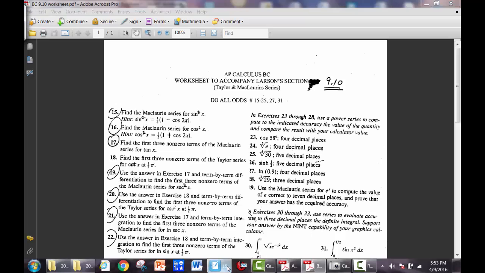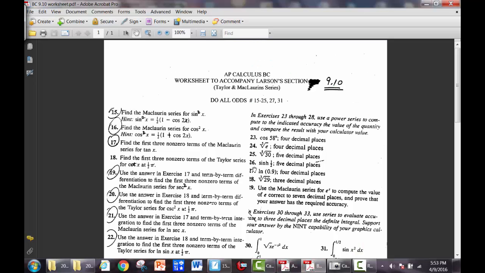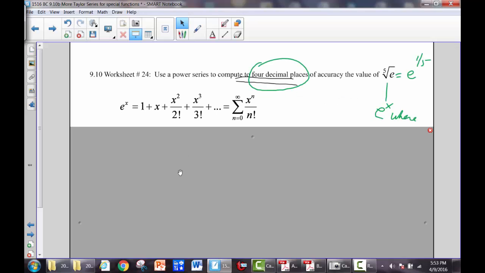So we are looking at number 24. It says, use a power series to compute to the indicated accuracy the value of the quantity and compare the result with your calculator value. So number 24, we're trying to approximate the fifth root of e, which is e to the 1/5. And they want it to 4 decimal places, okay?